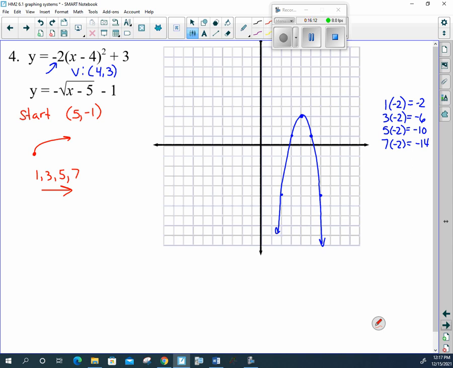So we'll start here at 5. 1, 2, 3, 4, 5. -1 puts me right here. And the other thing I notice is that I have a negative sign here. So instead of going up 1 over 1, up 1 over 3, I'm going to go down 1 over 1, down 1 over 3. So there's our square root function.